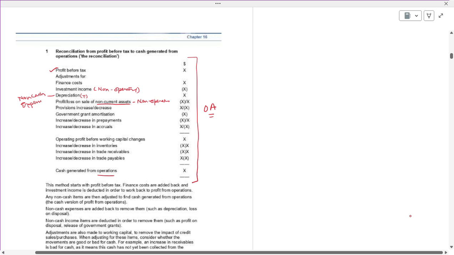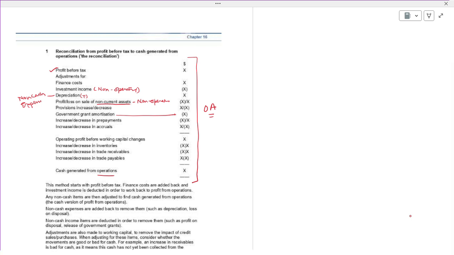Provisions, either increase or decrease, IAS 37. Government grant amortization: we go back to the government grants we have studied. Amortization, decrease in value if you have paid, minus. Any increase or decrease in premium: increase minus, decrease add. Accruals, minus or plus.